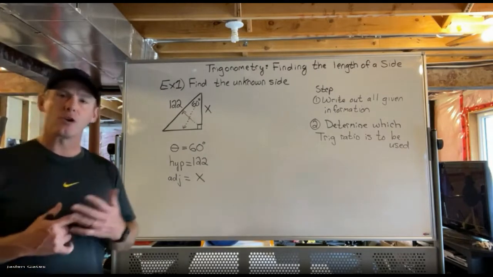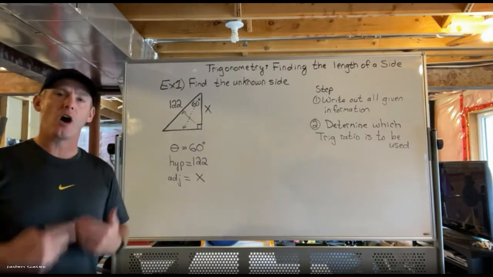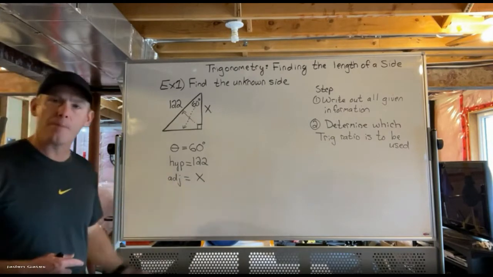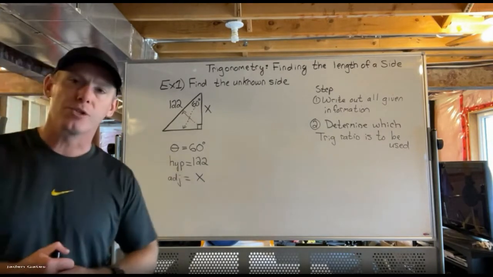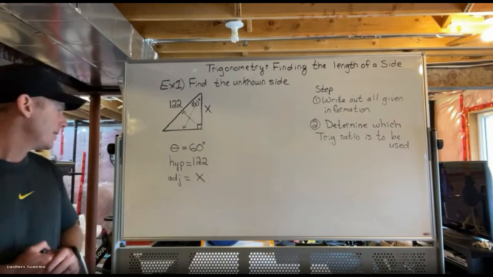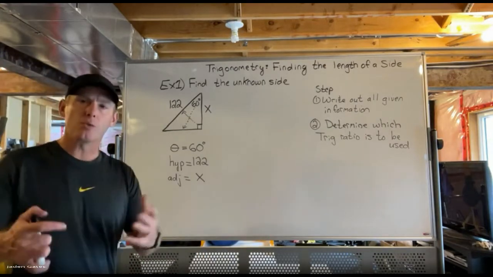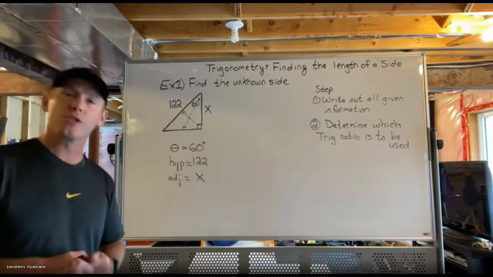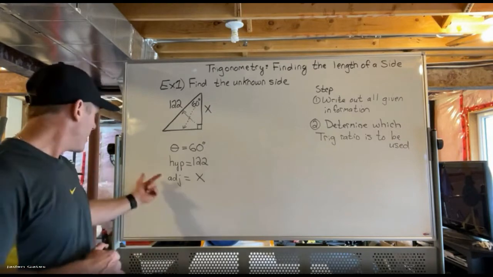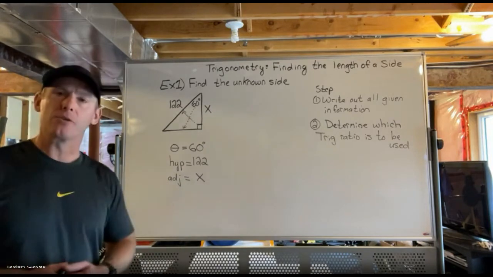For instance, the first one, sine on highway, opposite and hypotenuse. Well, I don't have the opposite here, so I'm not going to use sine. The second ratio I can try out is the cos. Cosy at home, adjacent and the hypotenuse.